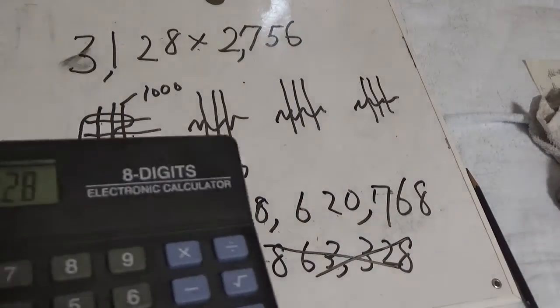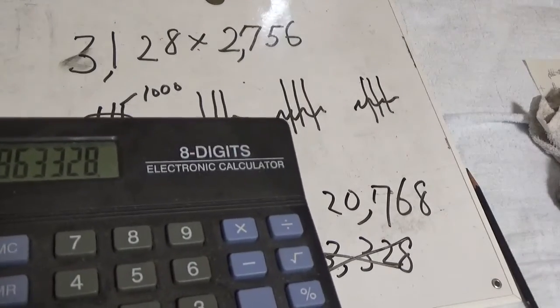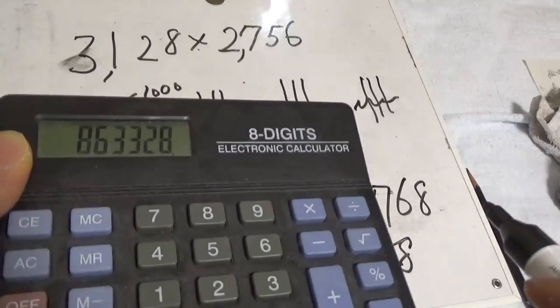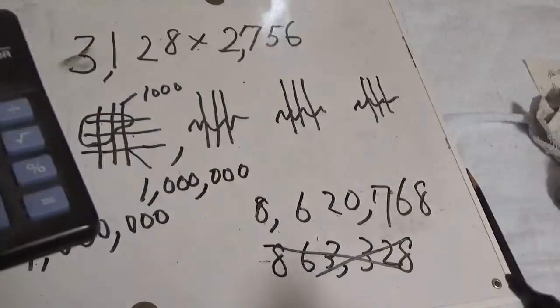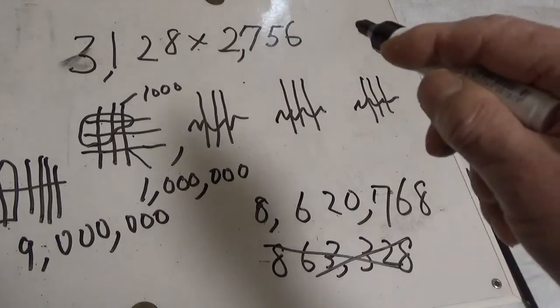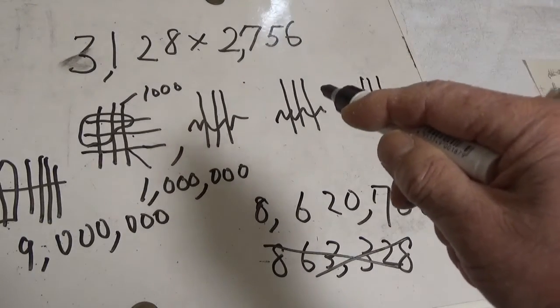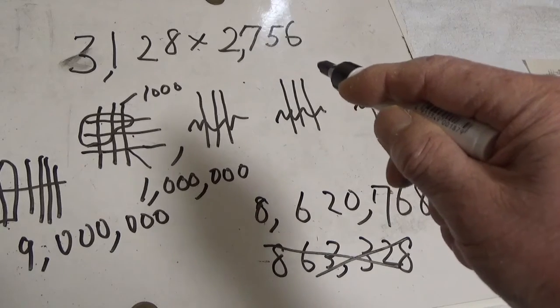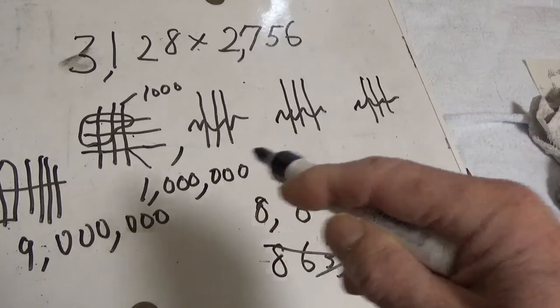So if you make a mistake with pushing buttons in the calculator, you have to have a check by a rough calculation.